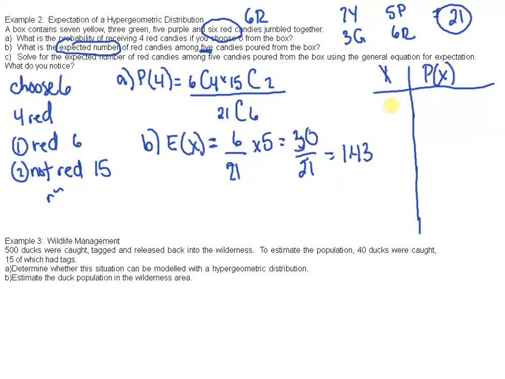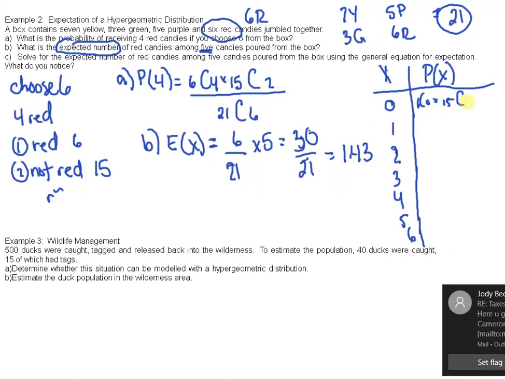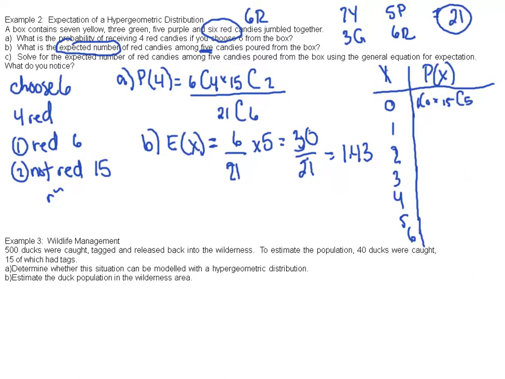So if you're choosing 0 red candies, 1, 2, 3, 4, 5, or 6, and so you would do 6 choose 0 times 15 choose all of the 5, and then divide by 21 choose 6. And you would have to do that all the way down.